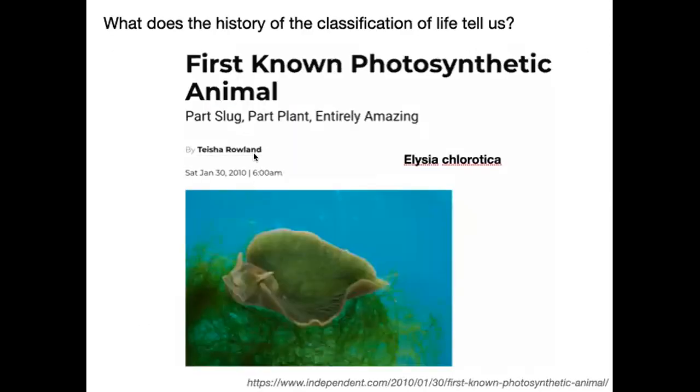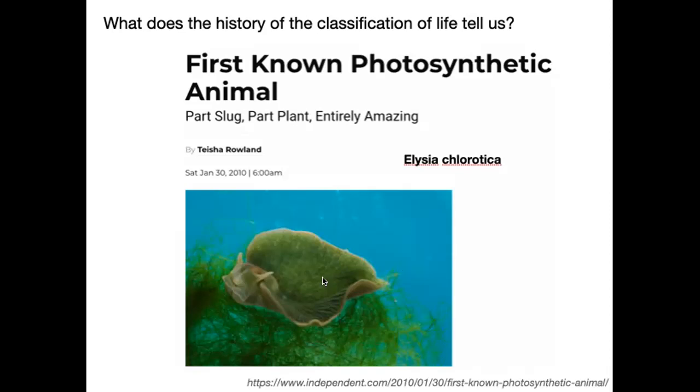Say, for example, in 2010, the first known photosynthetic animal was discovered. It's actually Elysia chlorotica. It's a sea slug, which appears here as a giant swimming leaf. So it's trying to camouflage with its environment. And it was recently found to be the first known animal to make proteins that are essential for photosynthesis. Ang kanilang hypothesis dito is that it stole the genes from the algae that it eats.